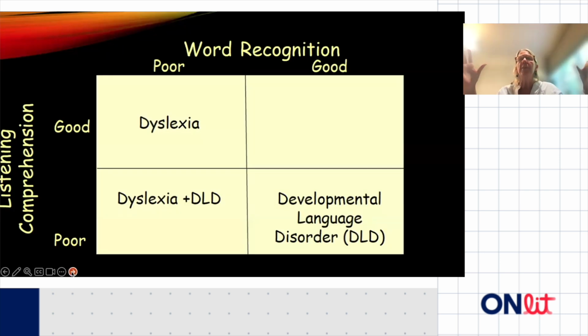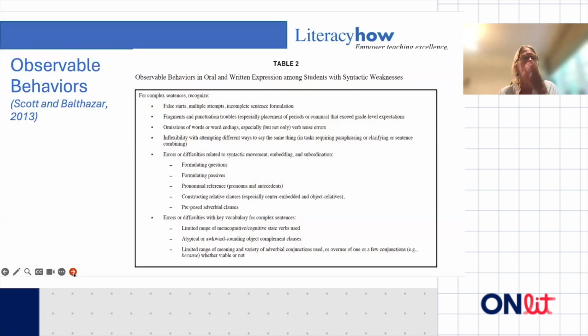So thinking about these profiles, like I said, dyslexia, and DLD, and these students have specific language impairment and dyslexia and developmental language disorder. One of the articles that I think I gave you access to, yes, I did. It's in one of your folders from I believe it's day 2.